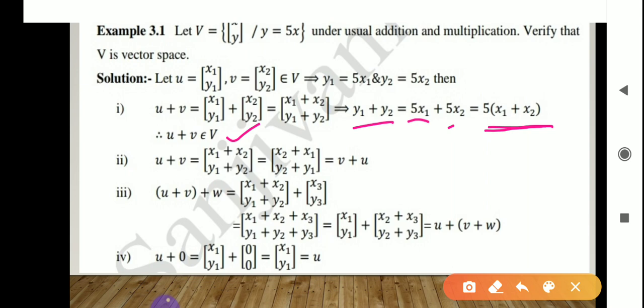Then the second property is the commutative property. If u and v are elements of V, then we have to check u plus v is equal to v plus u.